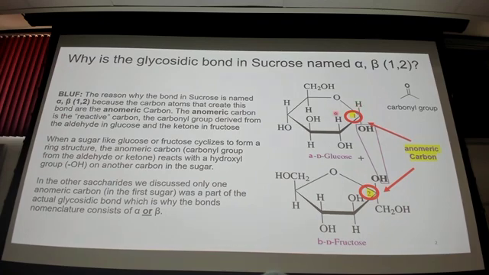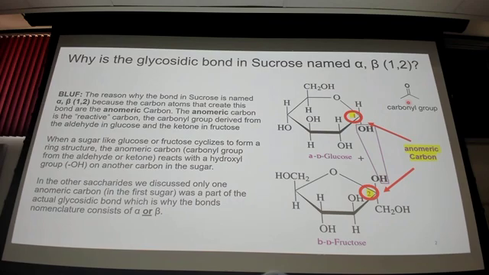So that's why this alpha comes from alpha glucose, the beta comes from beta fructose, and then the 1,2: this is the first carbon, and the 2 is coming from the second carbon. Does that make sense? Any questions about this? Again, this will not be on the exam. At this level, you do not see anomeric carbon.